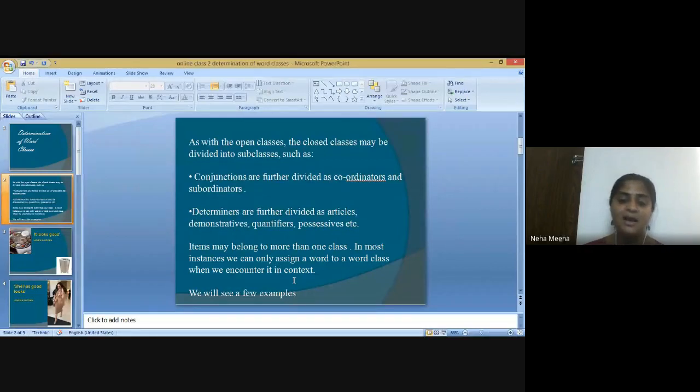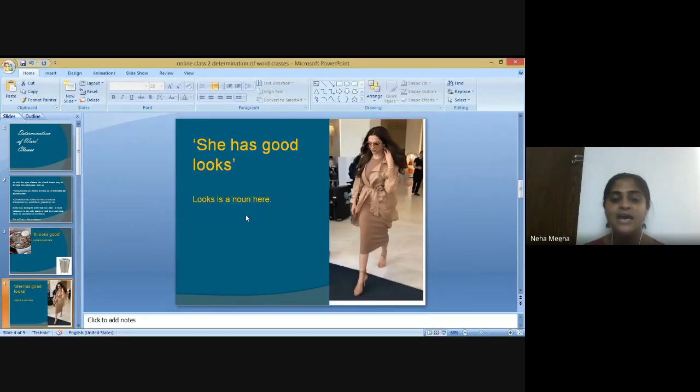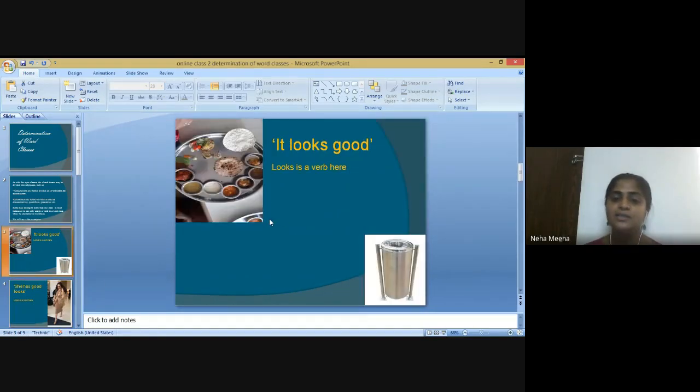For example, as we have talked about these particular examples, this word looks here can be a verb also, and it can be used as a noun also. Here it is used as in it looks good. It is used as a verb because we are talking about the functions.